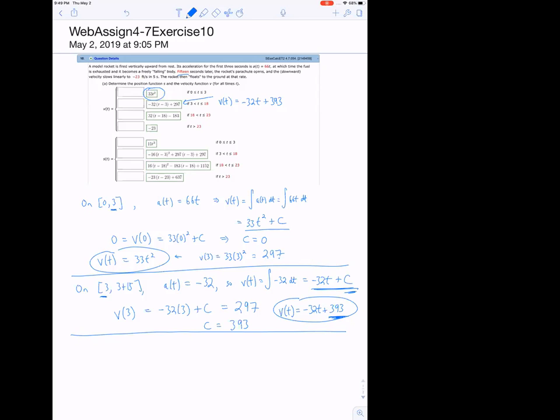Let's think about this. Well, we know already what the velocity is supposed to be at 18 seconds. If our velocity on the previous interval was minus 32t plus 393, then the velocity at 18 seconds is supposed to be minus 32 times 18 plus 393. Let's see what that is. 393 minus 32 times 18 is minus 183.